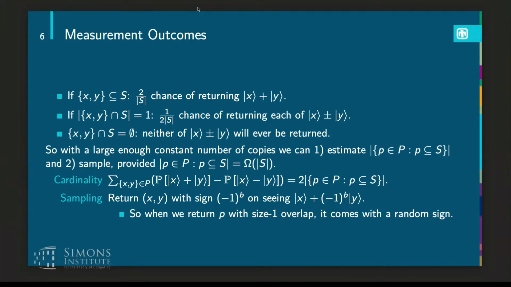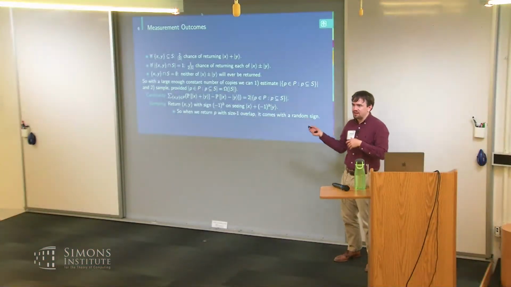Indeed, there's a problem called the Boolean hidden hypermatching problem, which corresponds to sampling tuples of size k. With the sampling size 2 problem, it's a complexity of root n classically and log n quantumly.